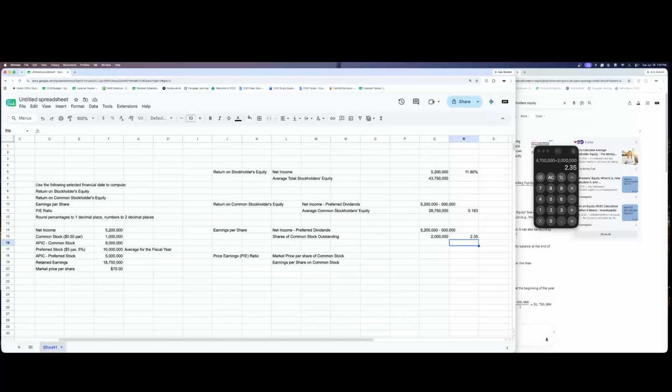Because for the earnings per share, you take the preferred dividends, the dividends coming from the preferred stock, you subtract that from the income and divide that by the number of common stock shares. Okay? Because the dividends are going to come out of that income. So that means that the earnings per share is $2.35 per common stock share.